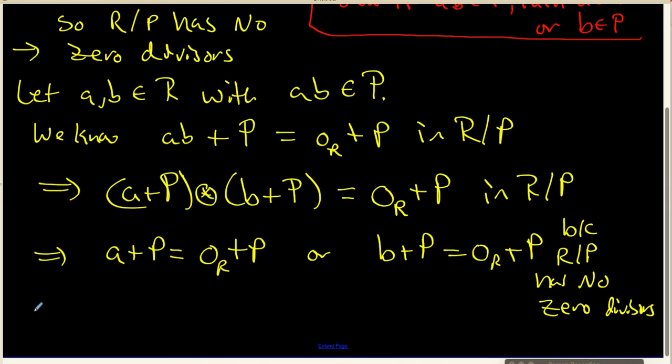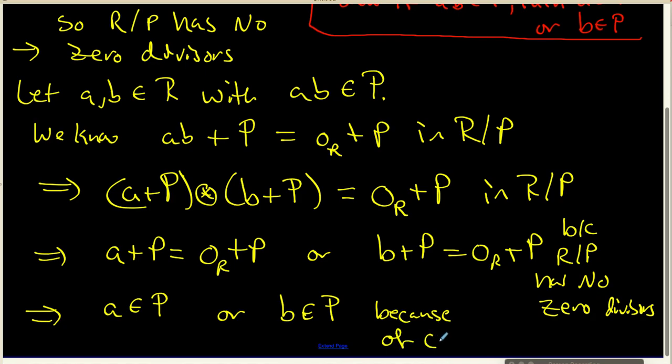But look at what we now have. A plus P equals 0R plus P is going to say that A is inside P. On the other hand, if B plus P is equal to 0 plus P, then we have that B belongs to P. And both of these are because of coset equality.